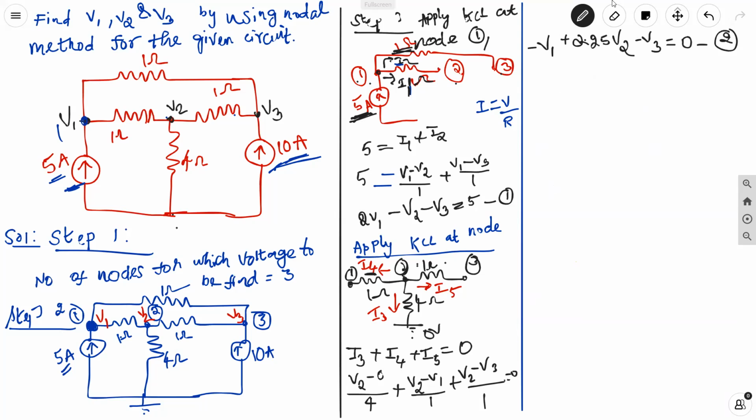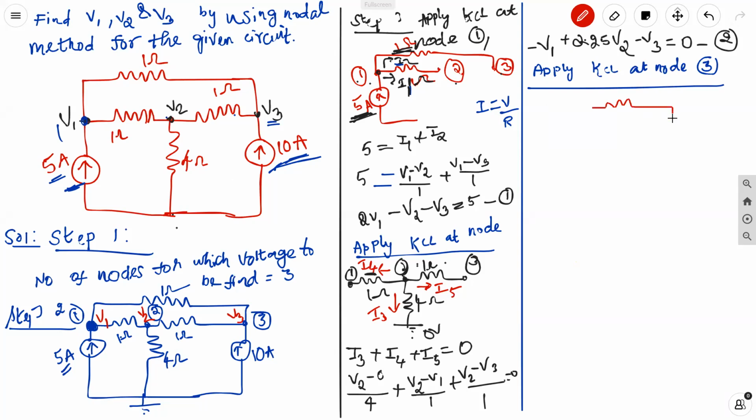Similarly, we'll now apply KCL at node 3. In node 3, there are 3 elements connected: 2 one ohm resistors and 1 ten ampere current source. So I'll better draw the circuit once again here.